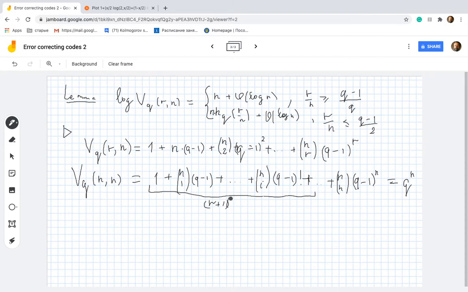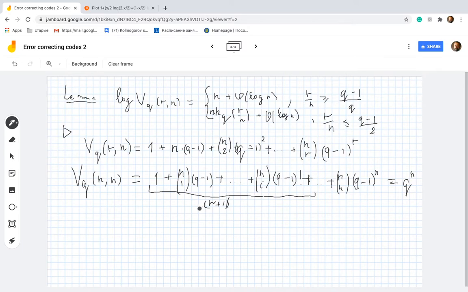Because the number of terms in all such sums is at most n plus 1, up to a factor of n plus 1, any of these sums equals its largest term. So we need to understand what is the largest term in each of these sums, and then we will replace the sum with its largest term.